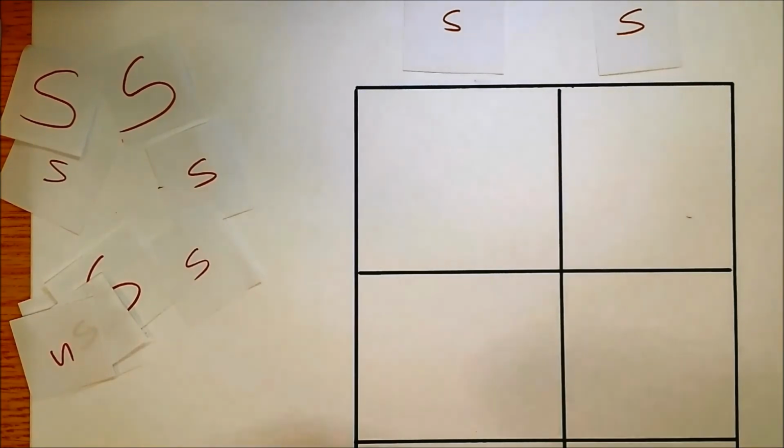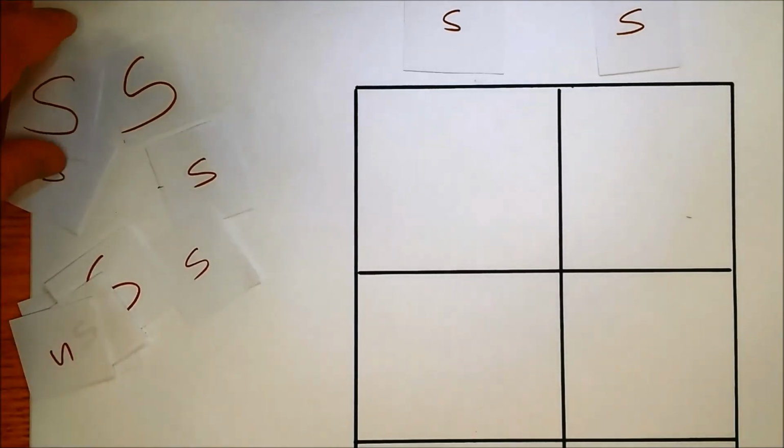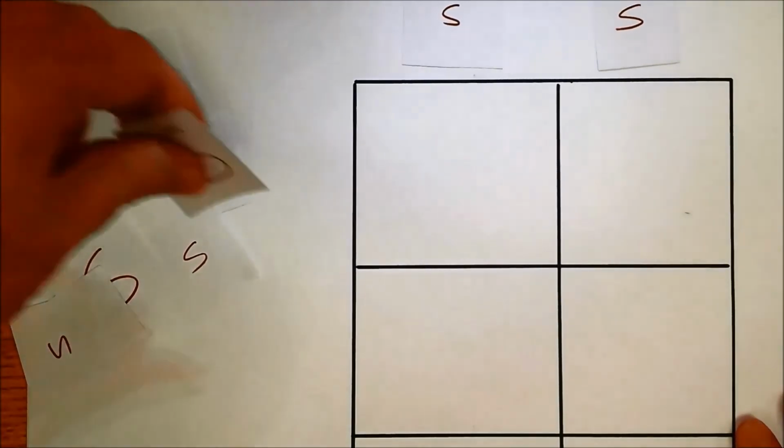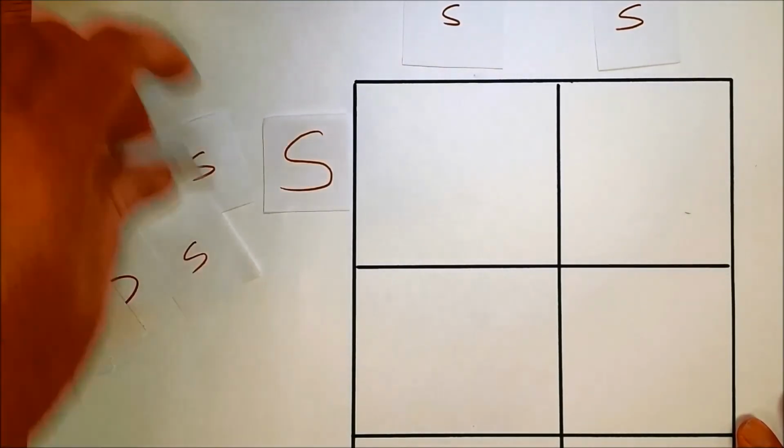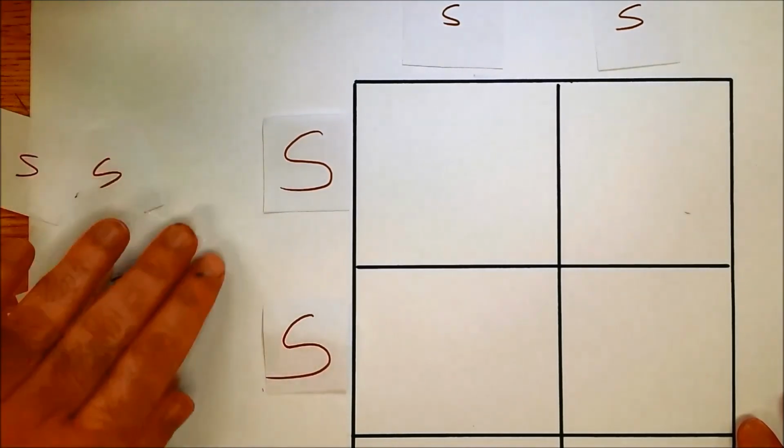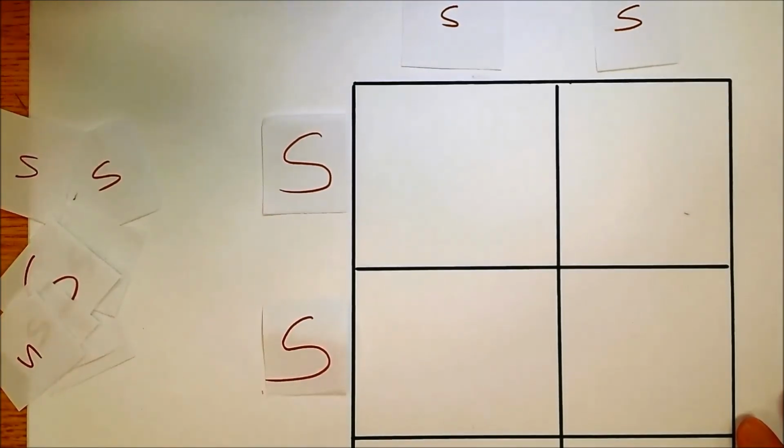Now we don't know what the second parent is, but we do know that the litter contains both short-haired and long-haired cats. Now, if the other parent was this, would that be possible to have both short-haired and long-haired in the litter?